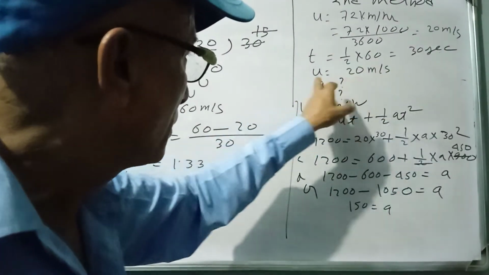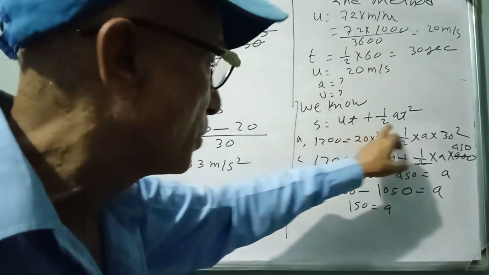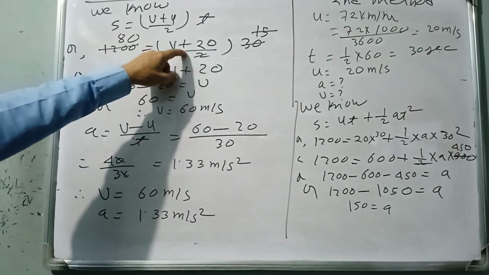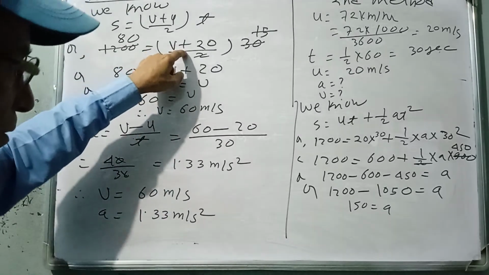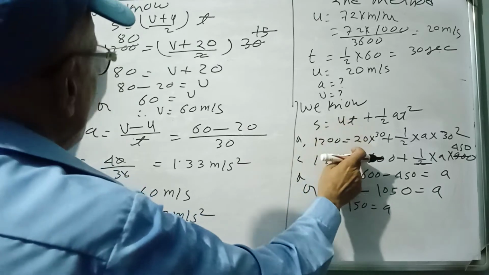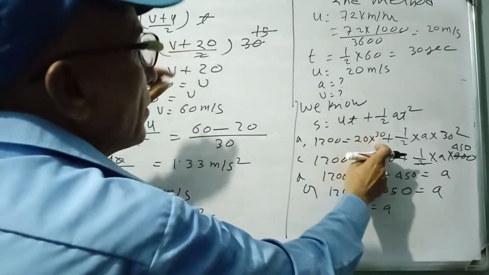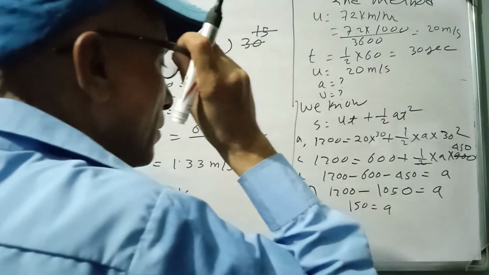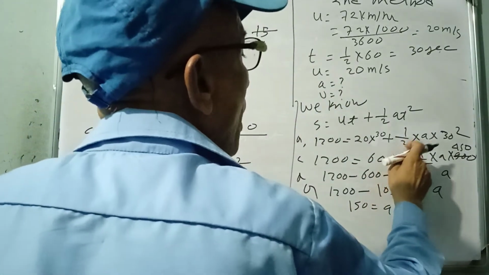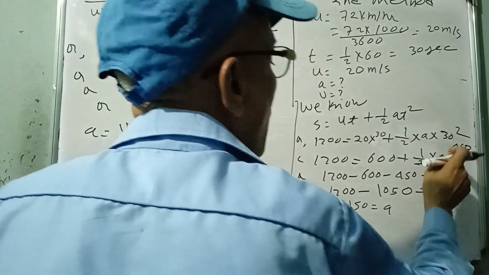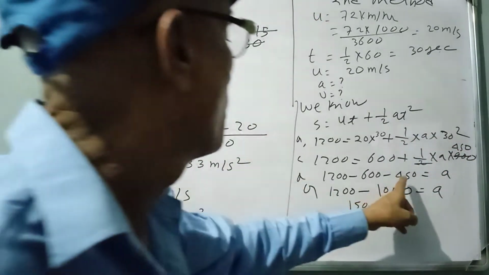Time taken 30, initial velocity s equal ut plus half at square, just check. Distance travel 1200, ut this is 600 plus half a t square, यो आउँछ हाफ ए टी स्क्वायर हुनाले 450.